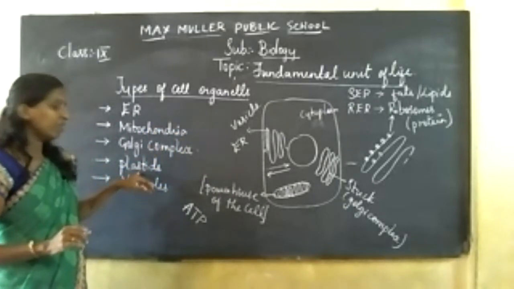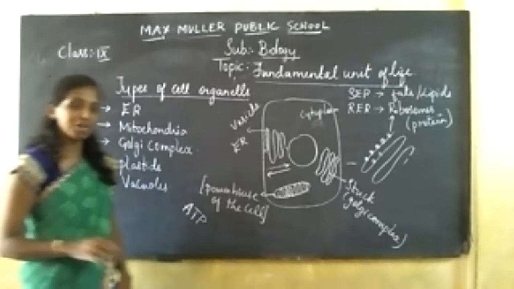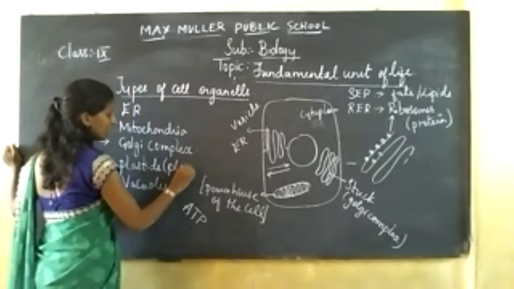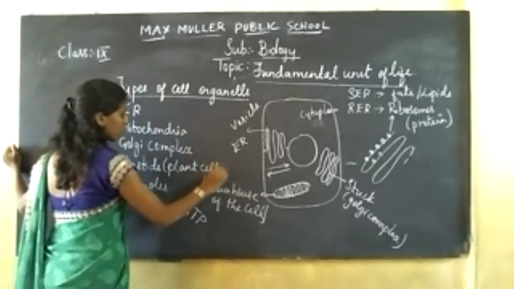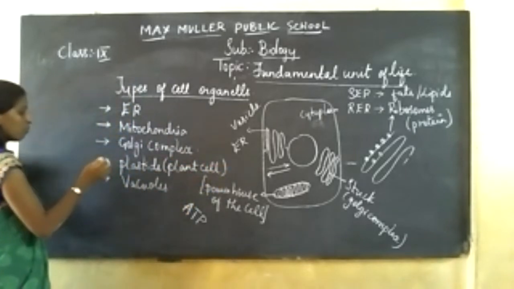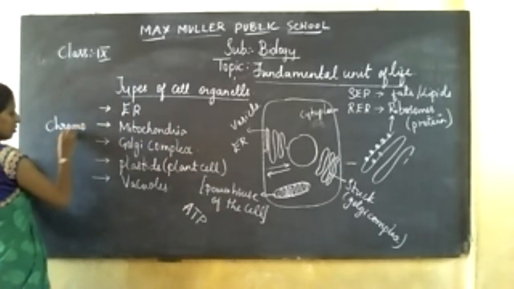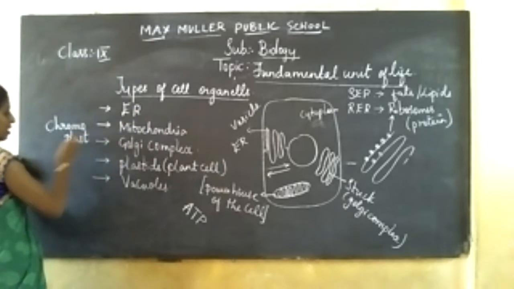The next you have plastids. These plastids are present only in plant cells. Why? Because they consist of two types of plastids. One is chromoplast, and one more is leucoplast.